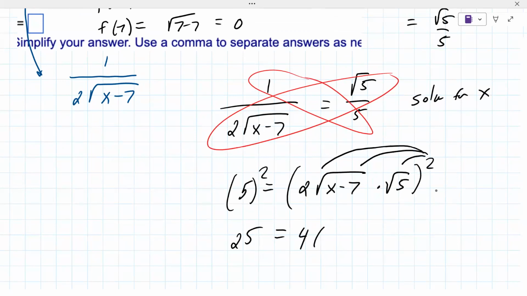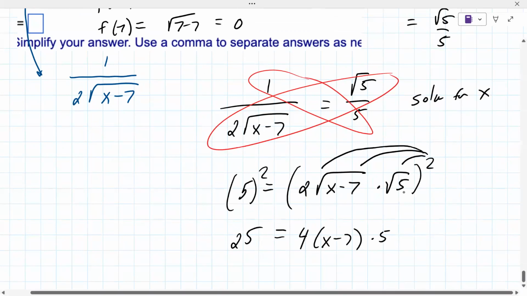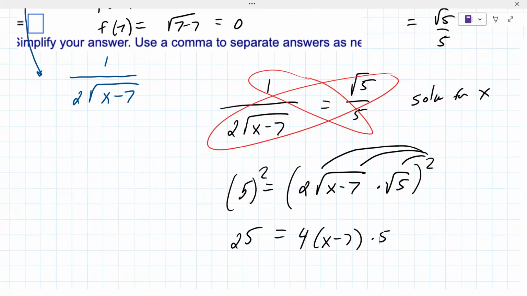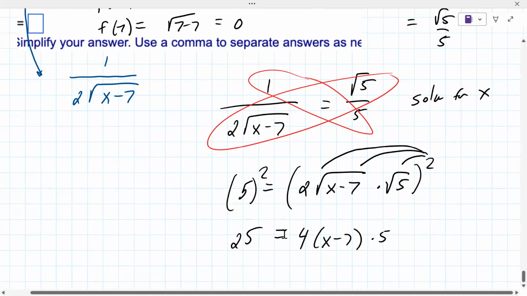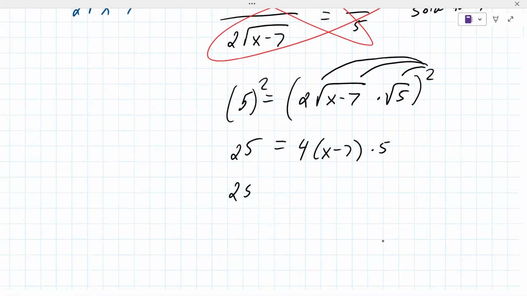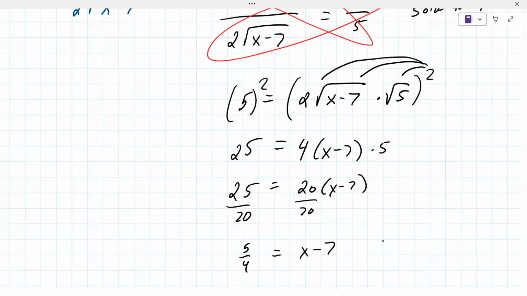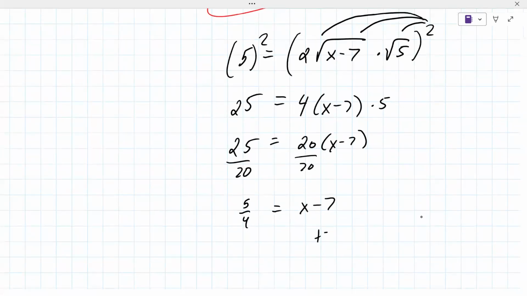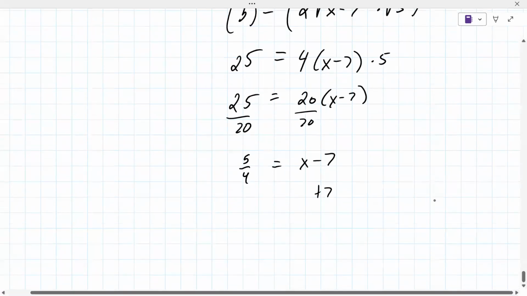So it's 4 times x minus 7 times 5, like that. And then 4 times 5 is 20. So you would have 20 times x minus 7. Divide by 20, it ends up being 5/4. x minus 7. This doesn't work out great, but it doesn't say fractions. But we'll just go with it.